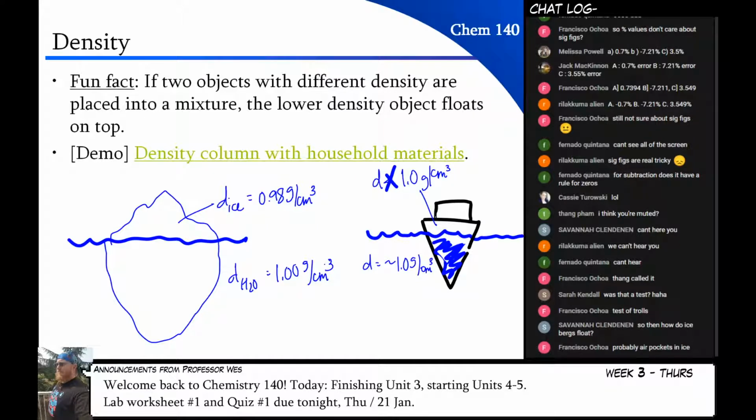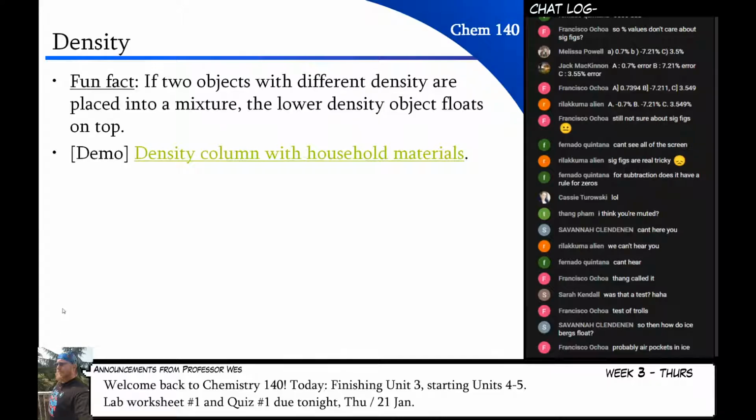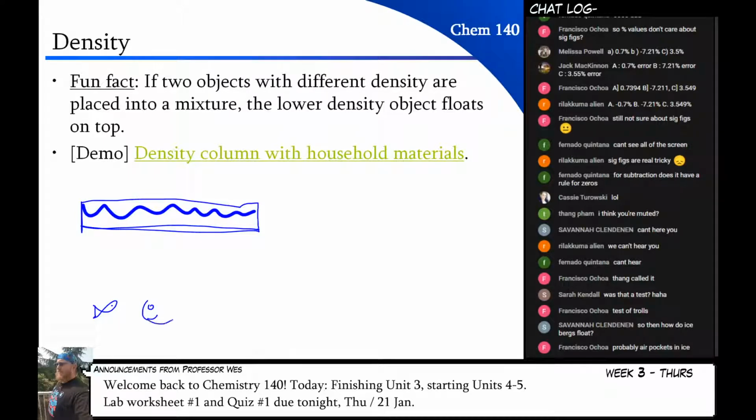And so an interesting consequence of that is that in the winter, in, say, a lake, your ice freezes at the top and then floats there. So your ice would freeze over, and so your fish down at the bottom, I can't draw, so there you go.